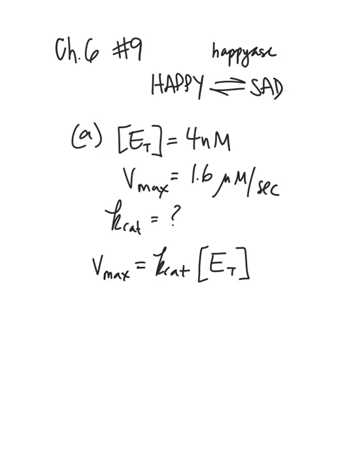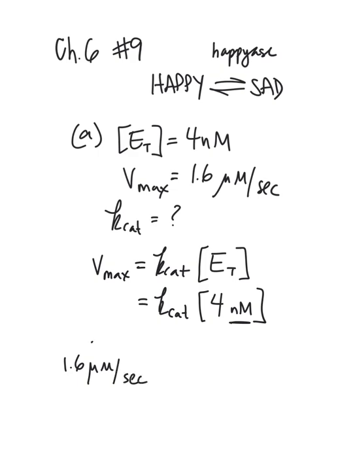And so then we can plug in our total enzyme here, 4 nanomolar. We're solving for kcat. Our Vmax, because we're plugging it into the same formula, we have to make sure that it matches the other units. So 1.6 micromole per second. There's a lot of ways to do conversions. Everyone does it differently. Micromole is 10 to the negative 6.